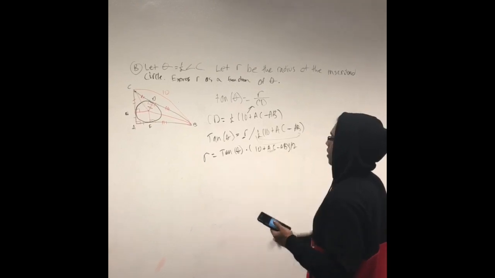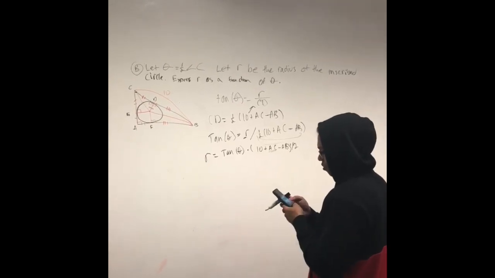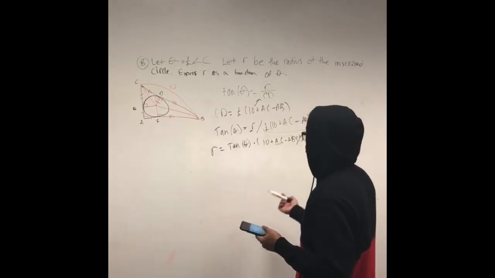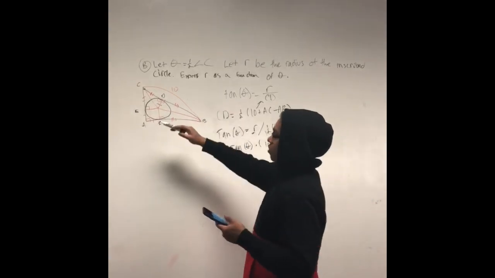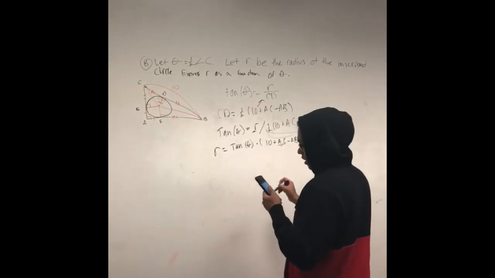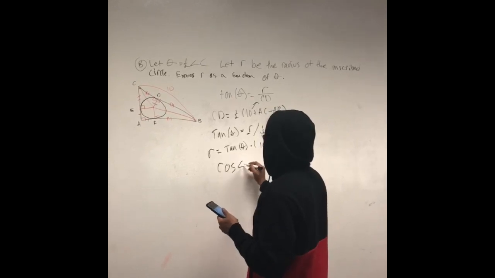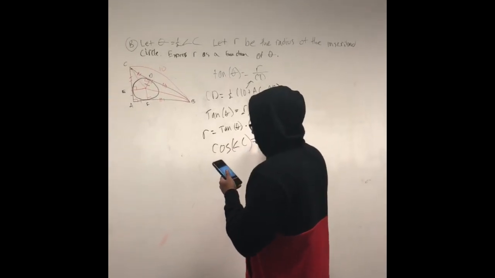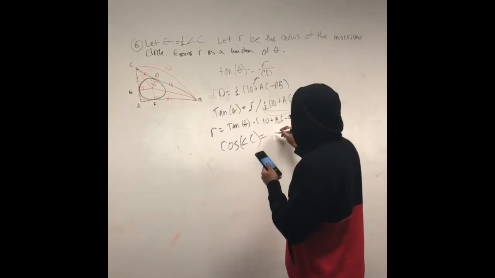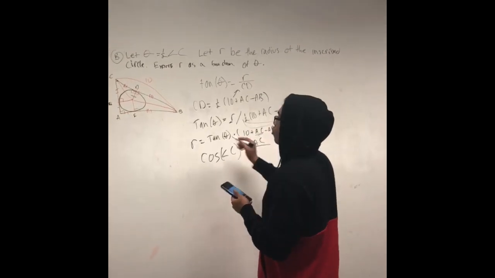So the first thing we're going to do is we can use the cosine function of our whole triangle to get an answer for AC. We see that cosine of angle C is equal to AC over CB.